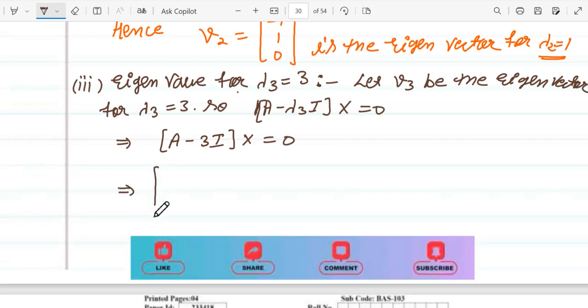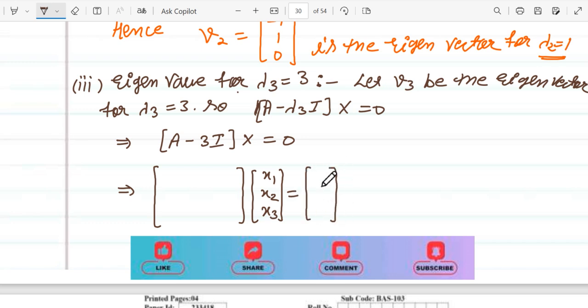Therefore A minus 3I into x, where x is x1 x2 x3, is equal to 0 0 and 0.